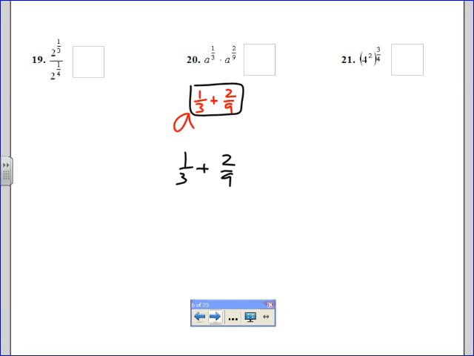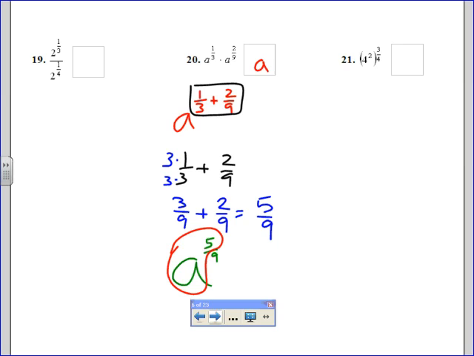I need to multiply this first one by 3, so that both denominators will be the same. And then I can add the numerators, and that is my exponent. So I have a to the 5/9. And then my final step is to change this into radical form. Keep the a to the 5th, and then it's a 9th root outside.